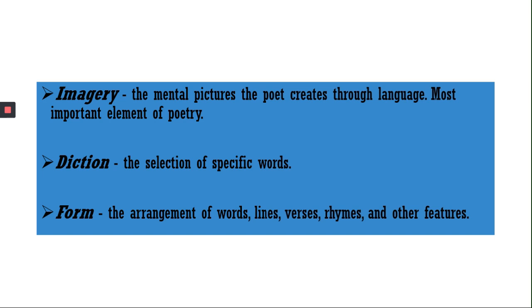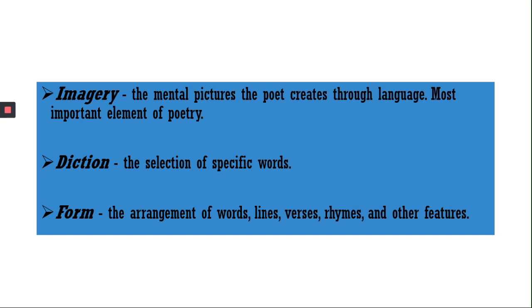Kaya nga minsan, di ba, pag gumagawa kayo ng tula, you ask your classmates, you ask your teachers what is the perfect term, if there is a synonym or antonym for an idea that you want to translate or to check. Form is the arrangement of words, lines, verses, rhymes, and other features.